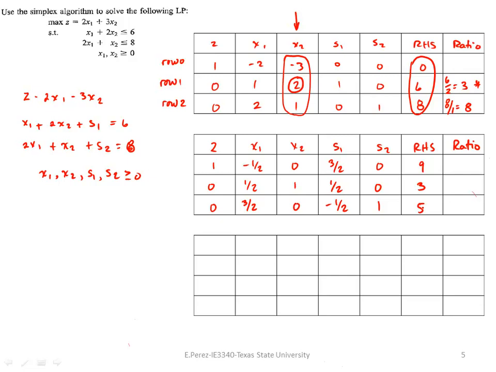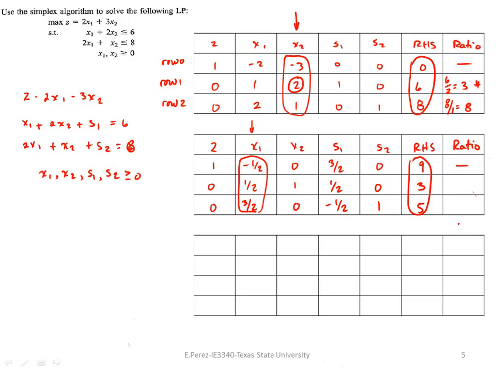That's the first iteration. So now which variable will enter the basic variables? Correct. x1 is the only negative actually in row 0. So x1 will enter the basic variables. So we need to look at this and this. We don't do this one, sorry.